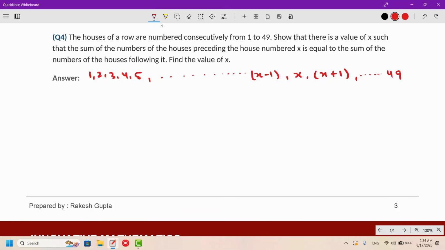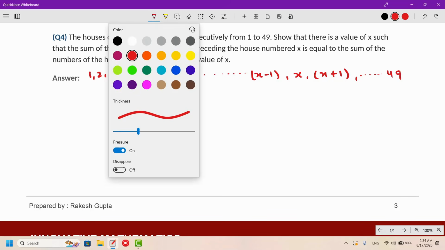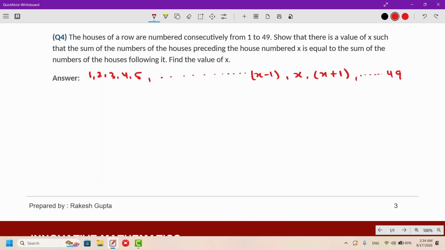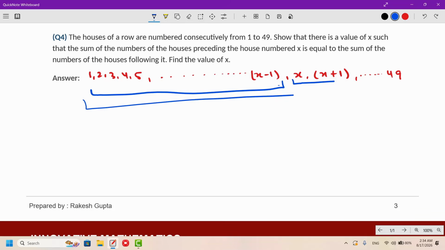So can you tell me one thing, when we talk about this, the sum of these terms is equal to the sum of total 49 terms minus the sum of this term? Is it possible?